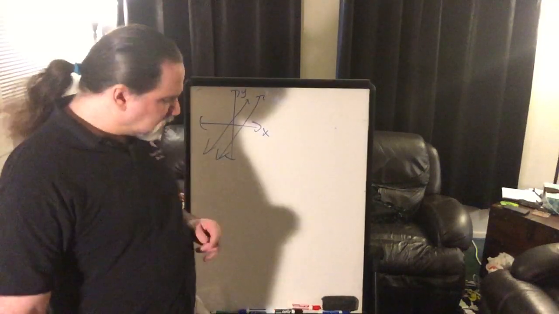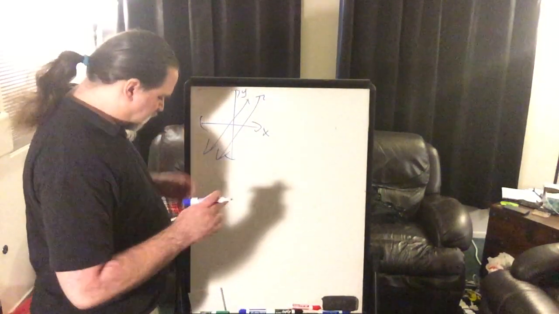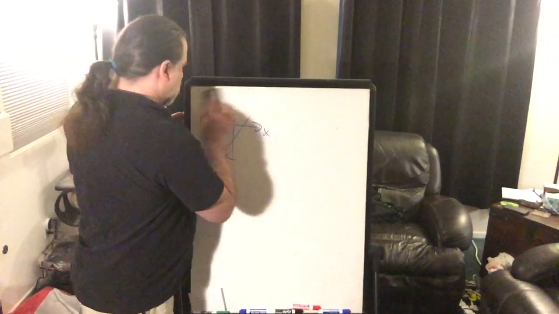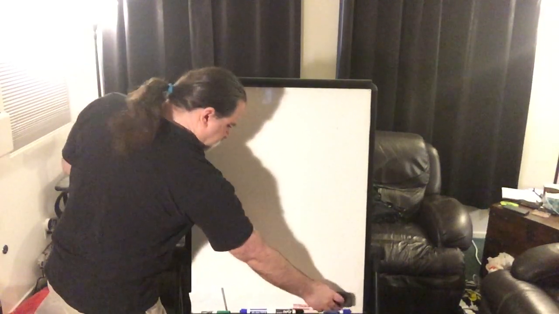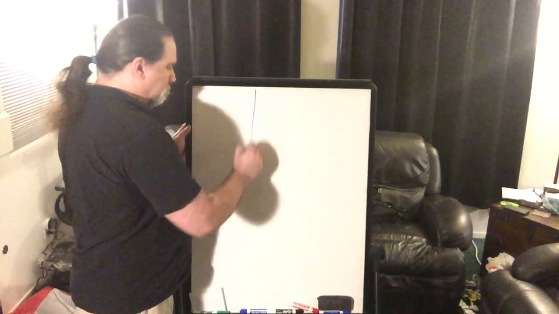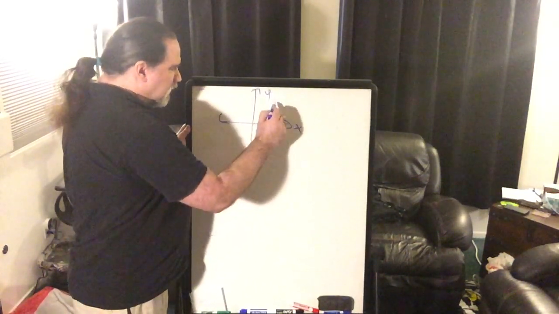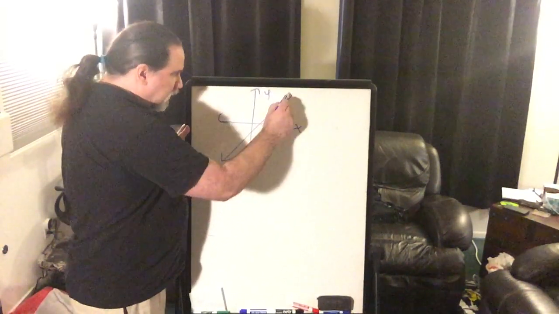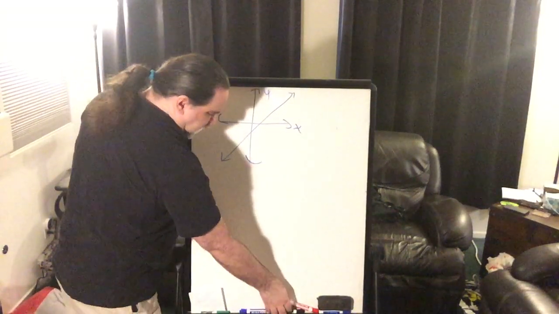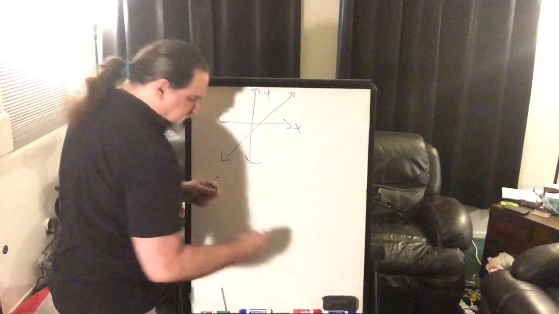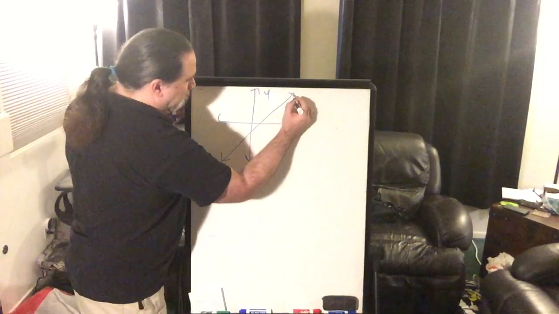The other one's a little harder to wrap your brain around. Let me try it with some color here. I draw my little graph, and then I draw a line. And then I say, where does this line intersect with the line I'm about to draw?